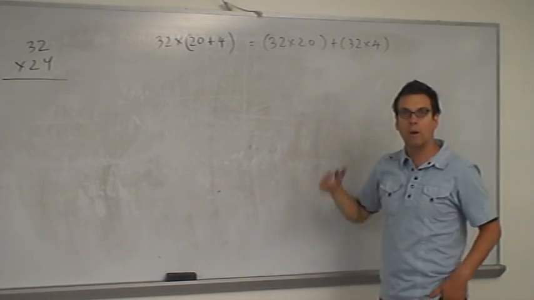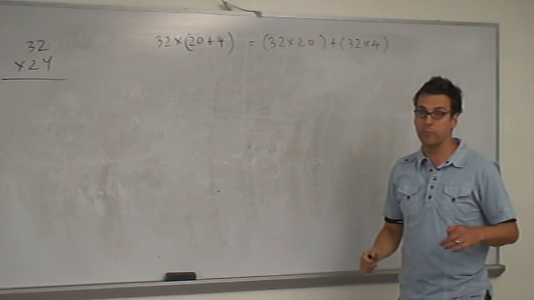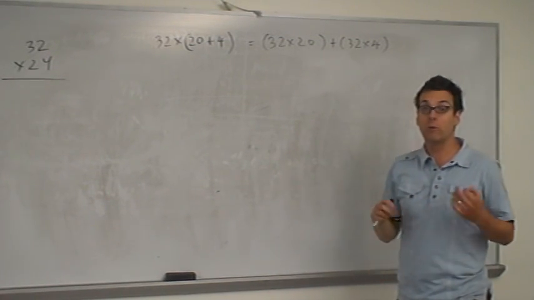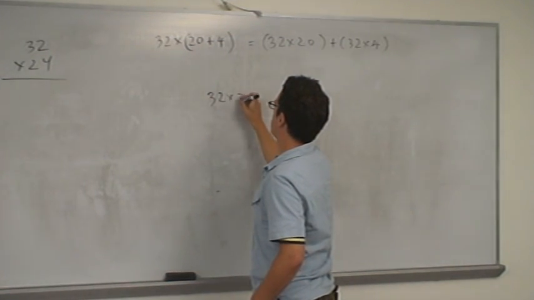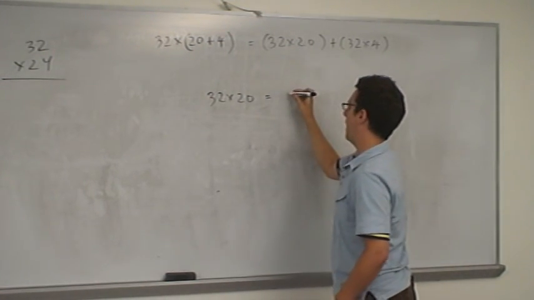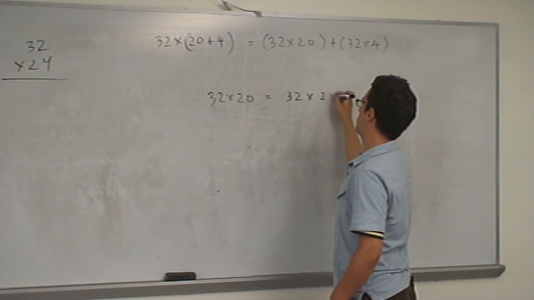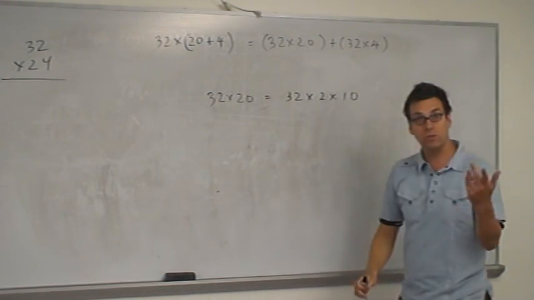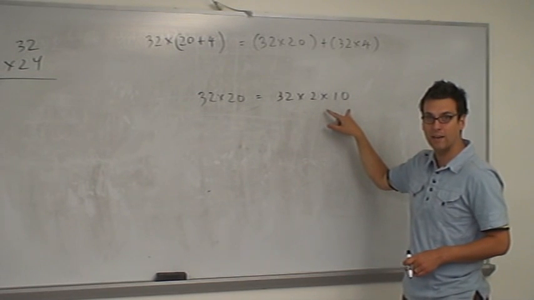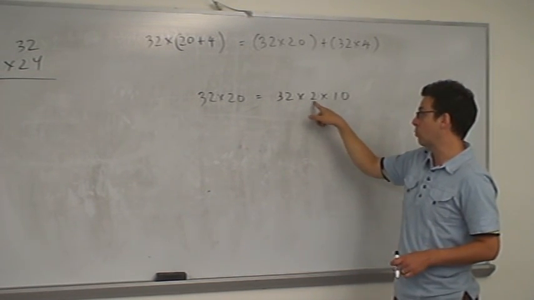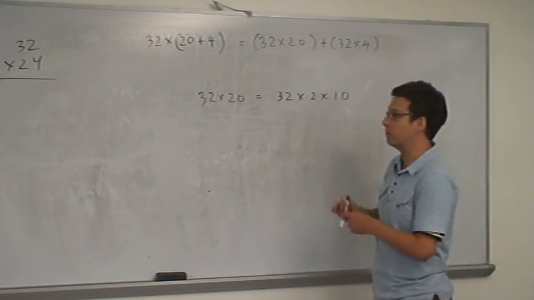32 times 20 might seem on the surface like multiplication by a 2-digit number, but really it isn't if we use place value. 32 times 20 can be thought of as 32 times 2 times 10, just using the associative property of multiplication. We can think of 20 as 2 times 10, and then we can simply group together the 2 with the 32.